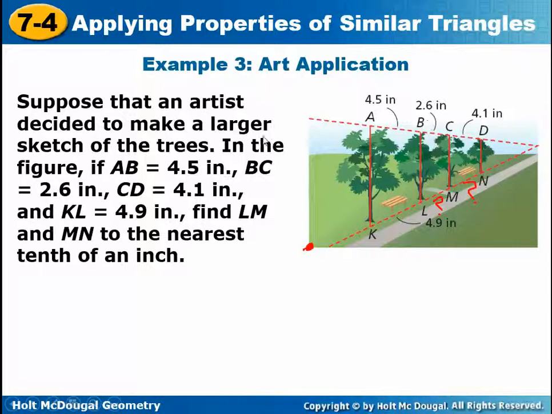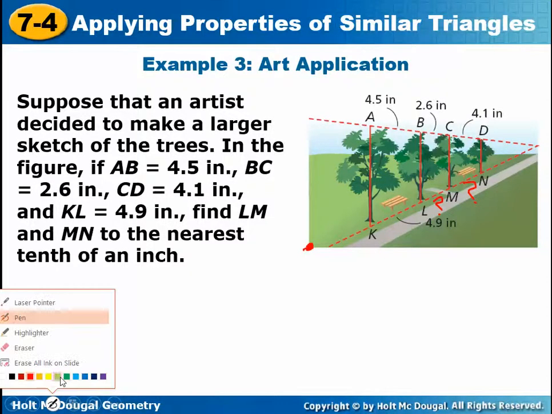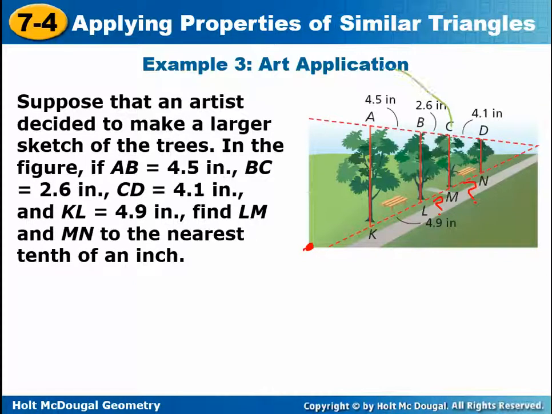So we can look at this in two different problems. We could just look at this section from here to here, and we could say, well, that means that 4.5 over 2.6 will be equal to 4.9 over the length of LM. And we'd solve that for LM.